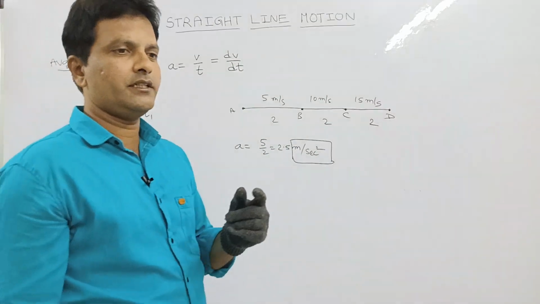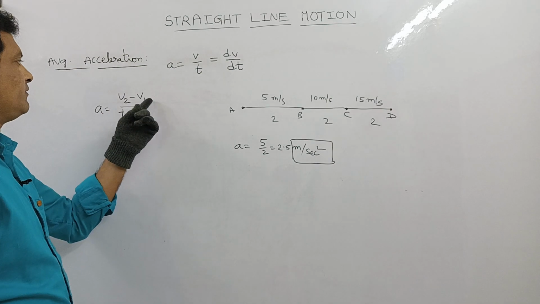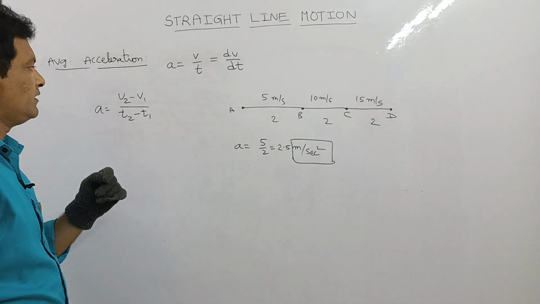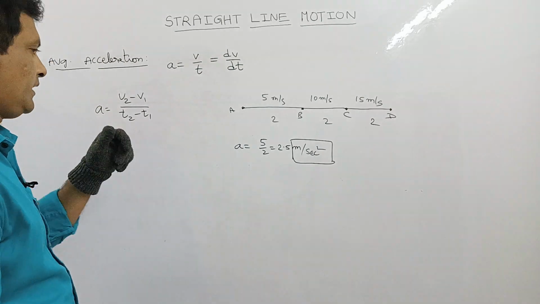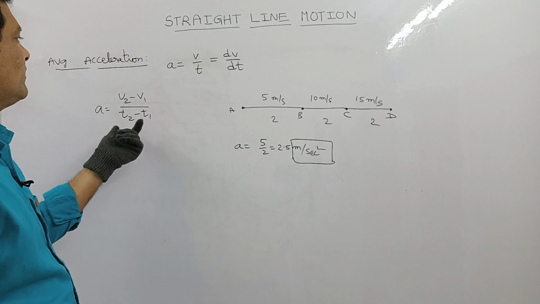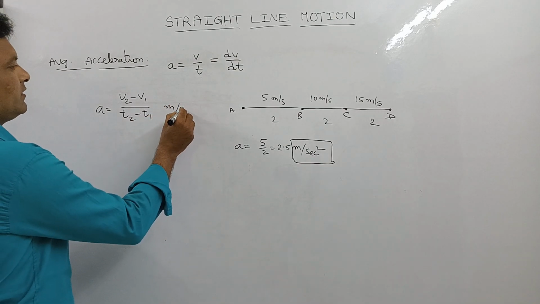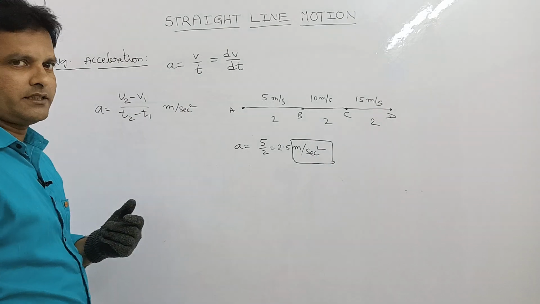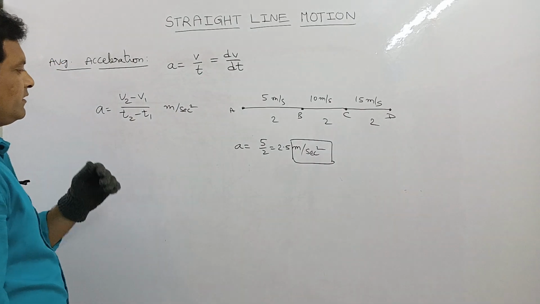So if an object has a velocity v1 at a time t1, and it has moved some distance having a velocity v2 at a time t2, in this case the average acceleration is this one, with units of meters per second square.